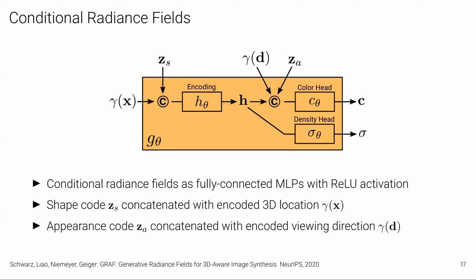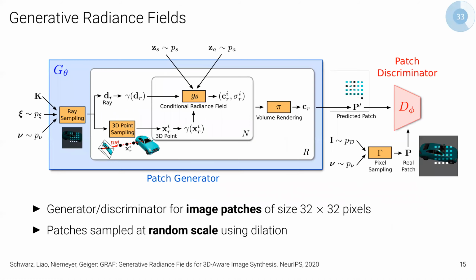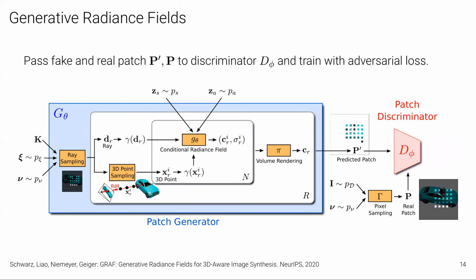Oh, okay. So the rotation is earlier. Let's have a look at this large diagram here. The idea is that in the first part, you give the generator a K and this psi, which is the camera pose. In this 3D point sampling, we implicitly show the camera center and then the image plane, and how you shoot the ray through the scene.